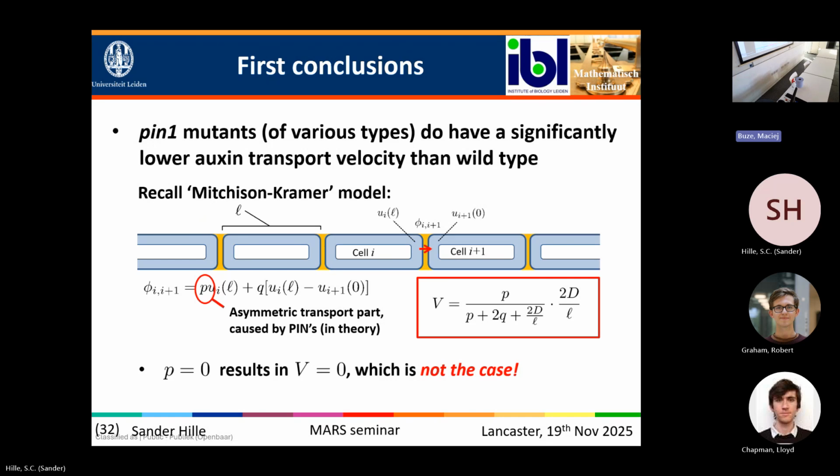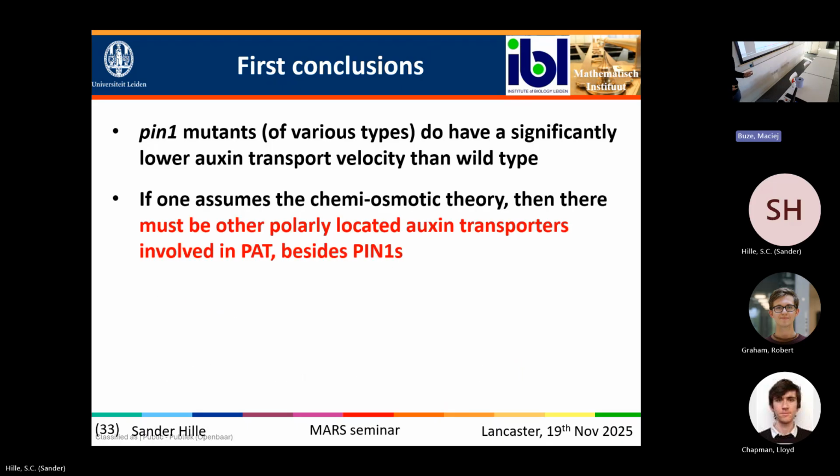So no pins there would be p equals 0. But p equals 0 is v equals 0, and that's obviously not the case. So you can draw a first conclusion from that, that there must be some other protein involved taking over from pin. And that is something that was not expected.